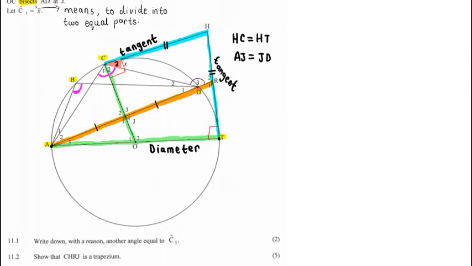Right, now for the questions. Question 11.1 says, write down with a reason another angle equal to angle C3. So angle C3, like we mentioned, is this angle here between the tangent and this chord CD.